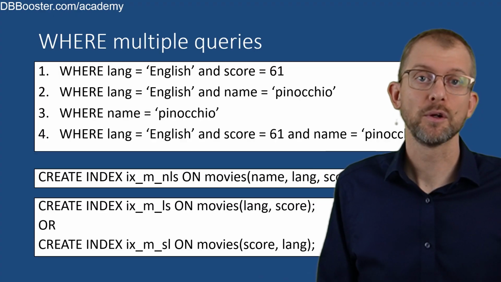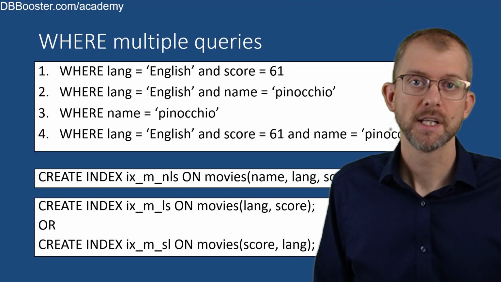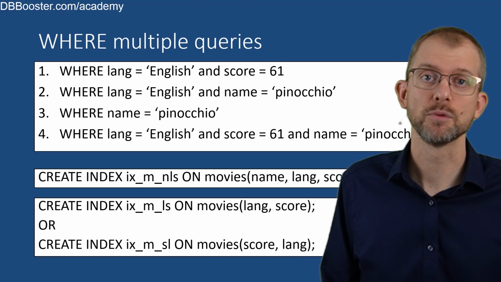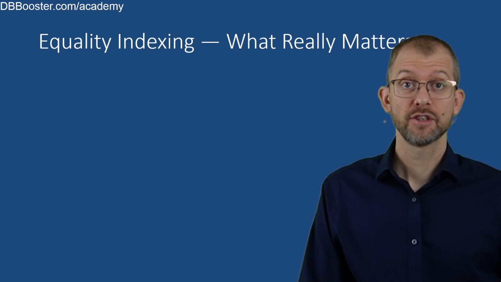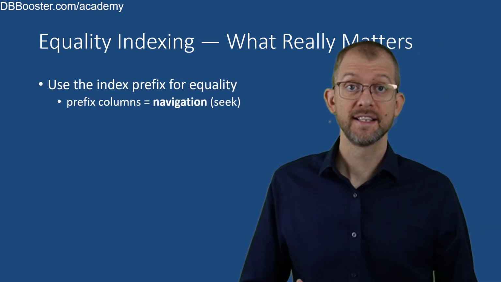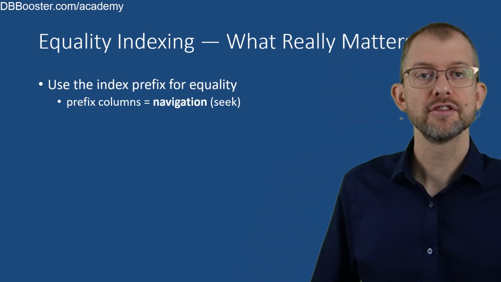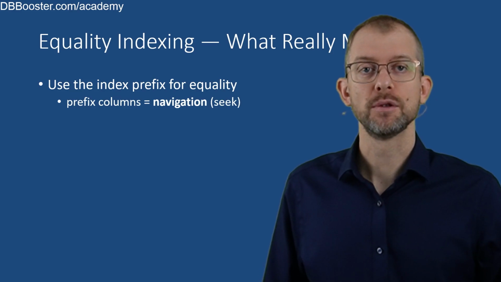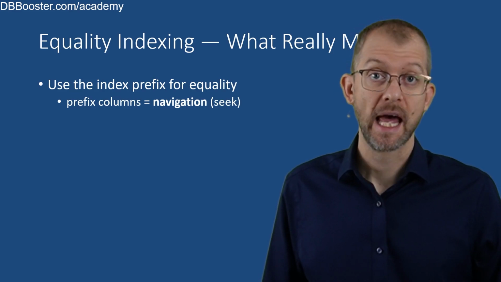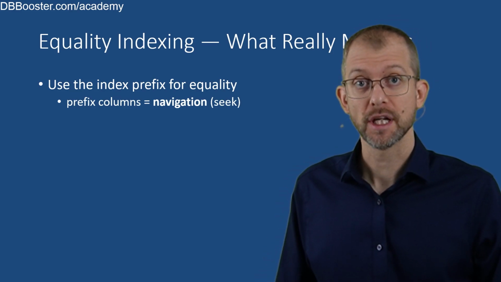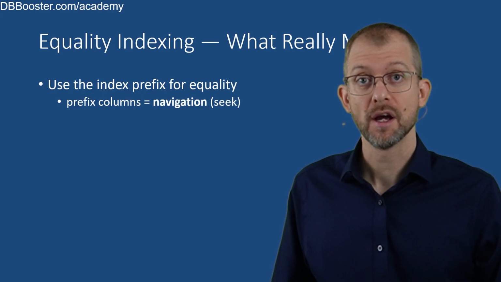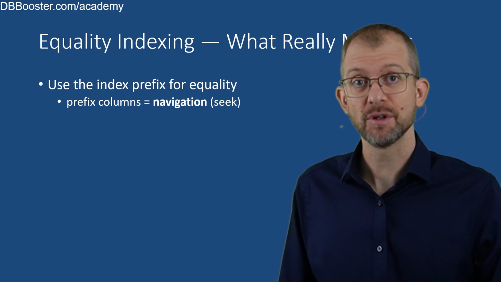Before we close today's episode, here are the key points to remember. Index range scan, also called index seek, can be used as long as your where clause includes the leading column of the index. Additional equality columns improve navigation only if they follow in order in the index prefix.